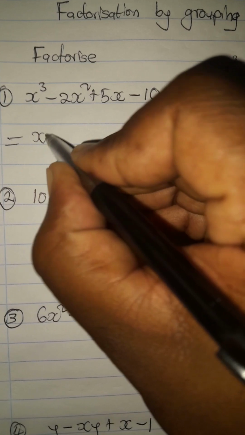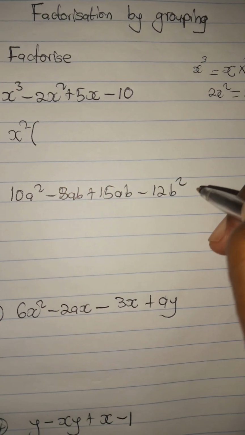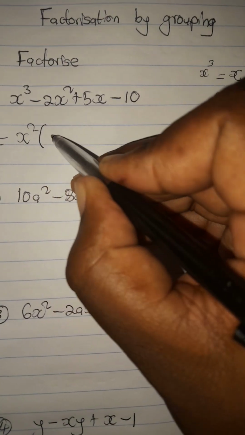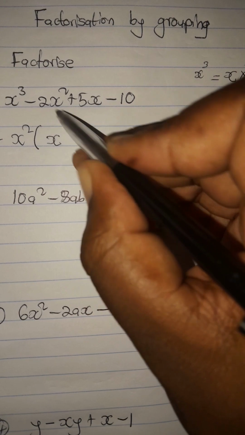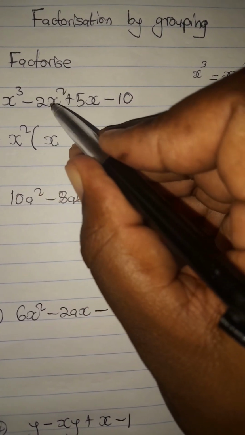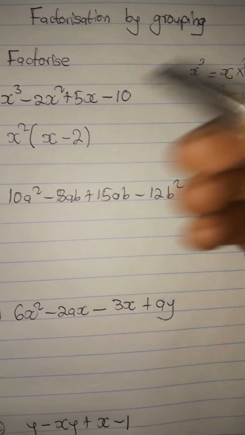So let's factor out. To get to x cubed, we need what? We need x, right? Because when we say x cubed divided by x squared, we get x here. To get to the other expression, we say negative 2x squared divided by x squared, in which we are going to get negative 2, right?